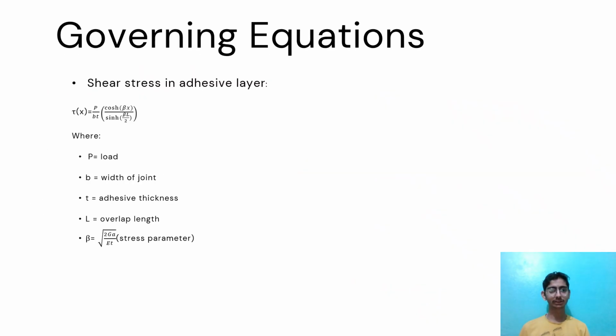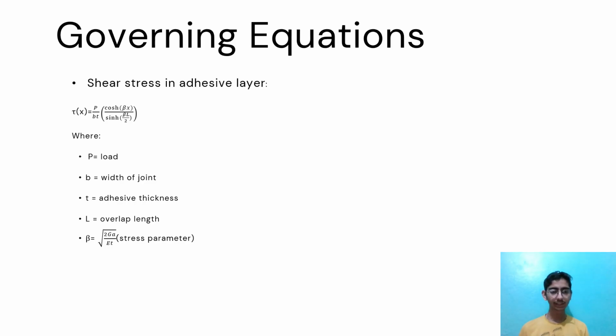So, governing equations. Here we are seeing the equation for shear stress in the adhesive layer, that is tau of x equals P by bt in bracket cosh(beta x) upon sinh(beta L by 2), where P is the load, b is the width of the joint, t is the adhesive thickness, L is the overlap length, and beta is the square root of 2Ga upon Et, the stress parameter constant.